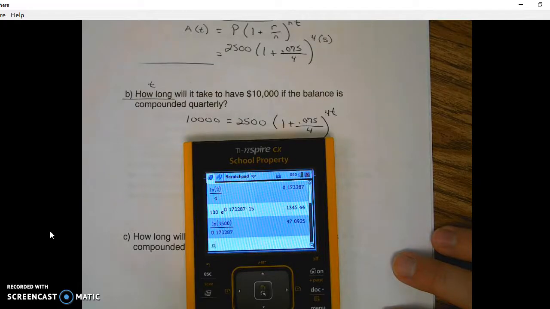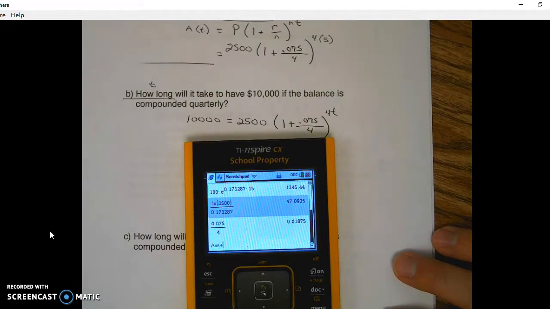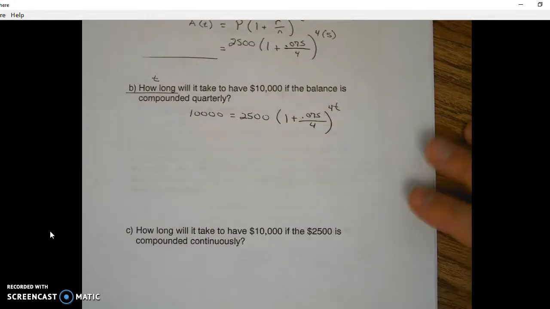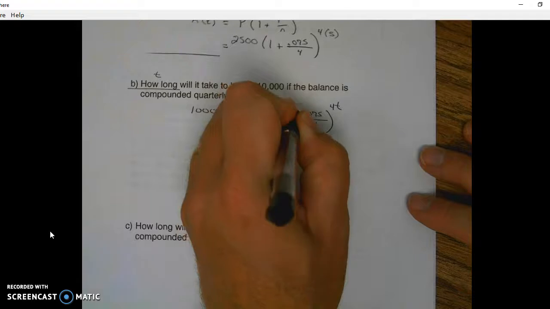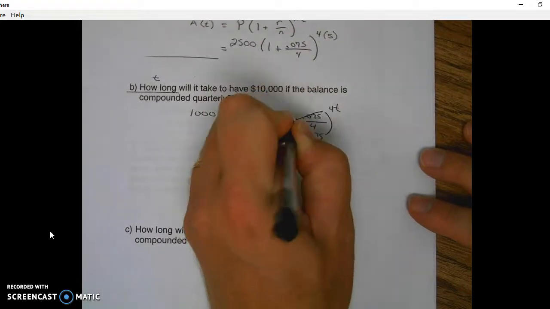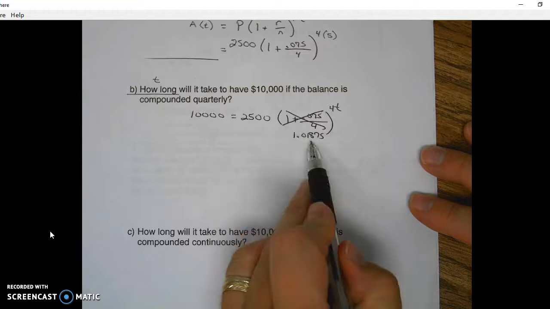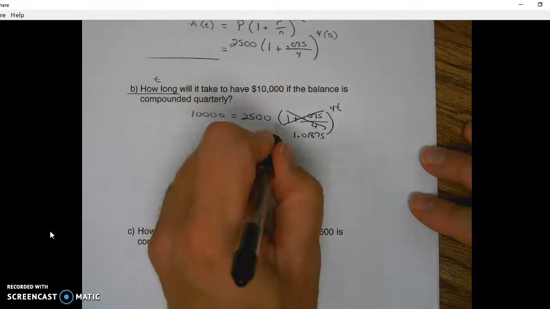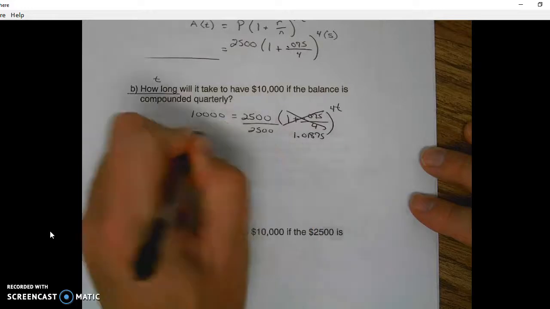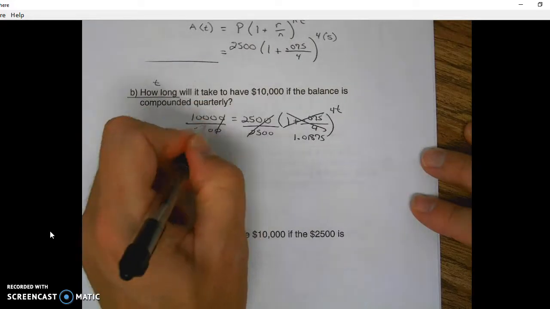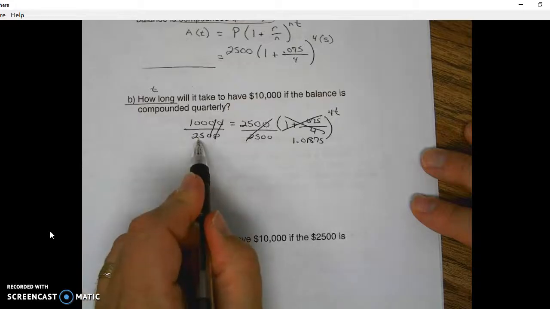So 0.075 divided by 4 plus the 1. There's our base. Notice it's bigger than 1, so this is increasing. Next thing I want to do is get rid of that principal, divide. And 10,000 divided by 2,500 is 4.